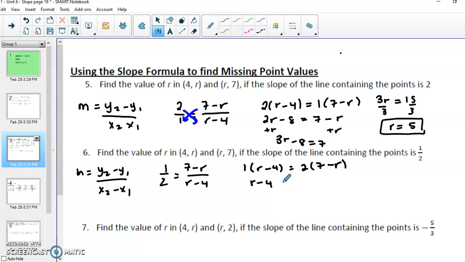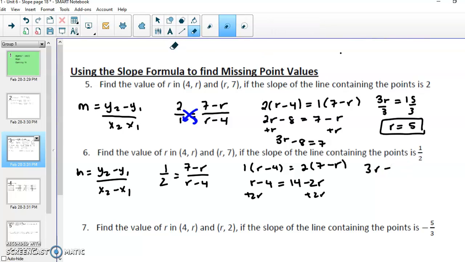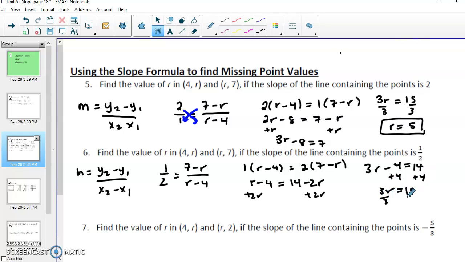And you do know how to solve this. I'm just going to go quickly. 3r minus 4 equals 14, and you can do this. 3r equals 18, divide both sides by 3, r equals 6.